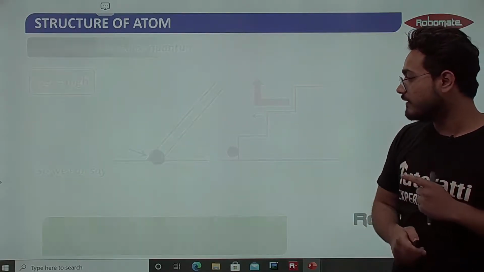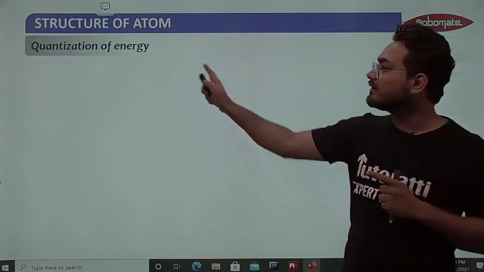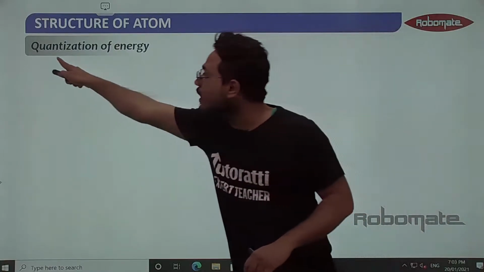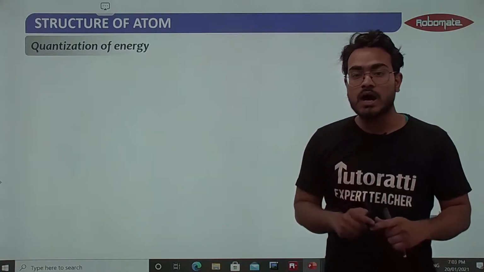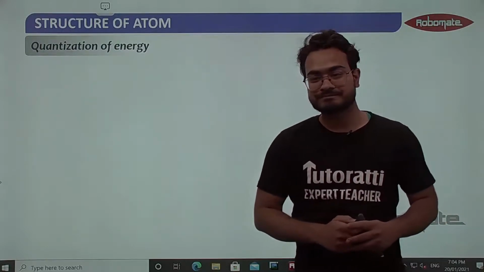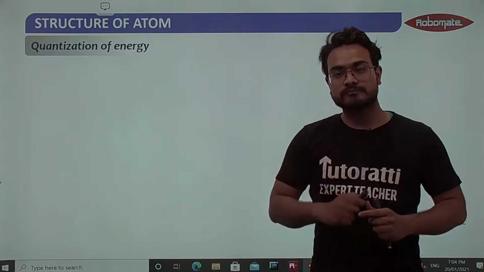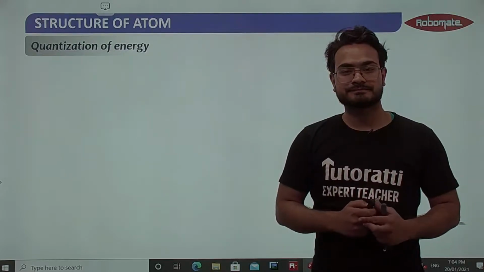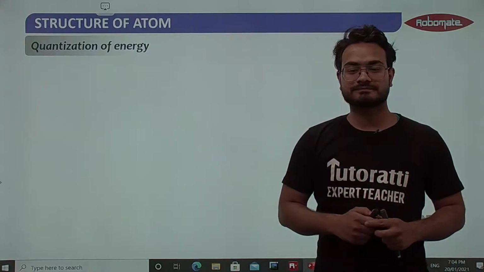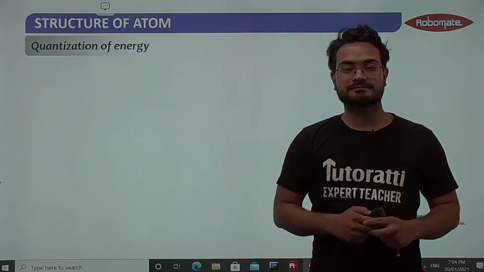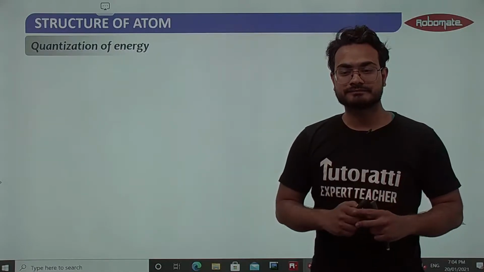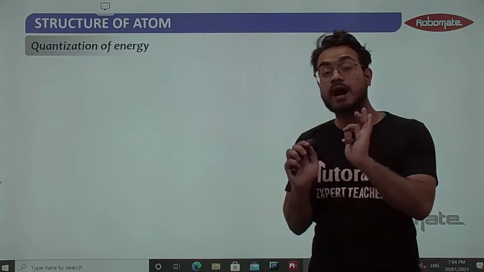Now let's move ahead and check the quantization of energy. What is the meaning of quantization? What is the meaning of the word quanta? Can you tell me quickly? Anyone?